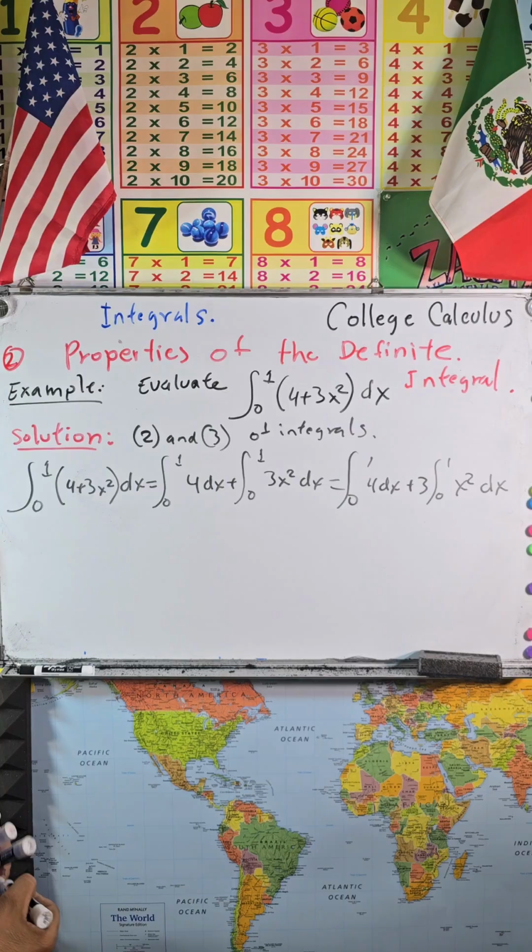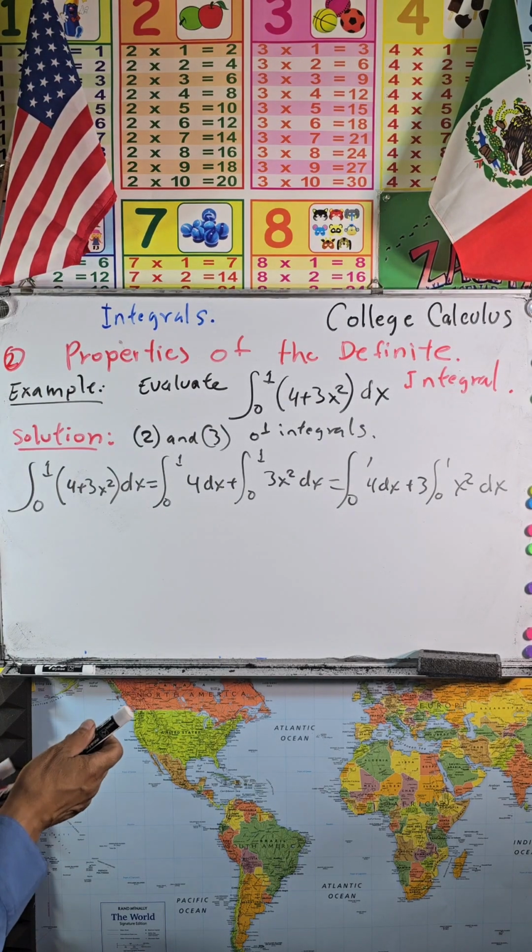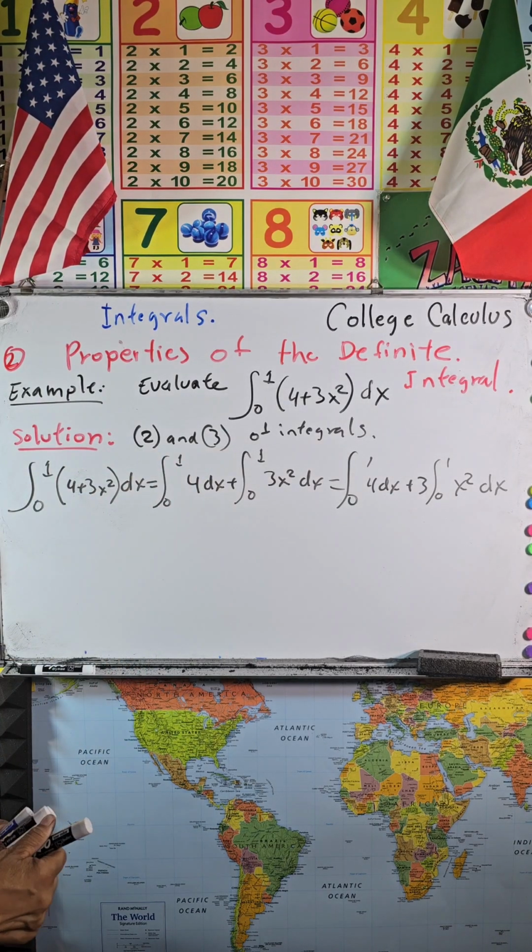Okay, properties 2 and 3 we know from property 1.